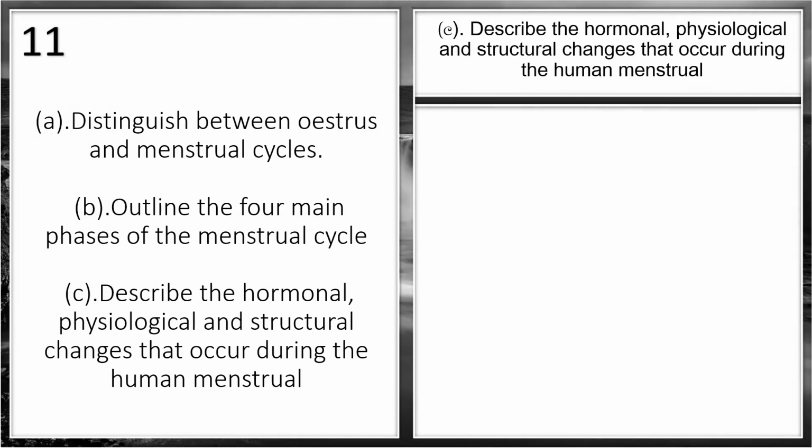Part C. Describe the hormonal, physiological, and structural changes that occur during the human menstrual cycle.